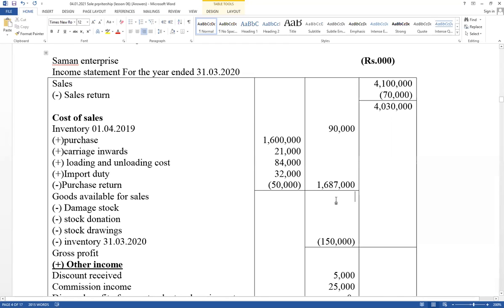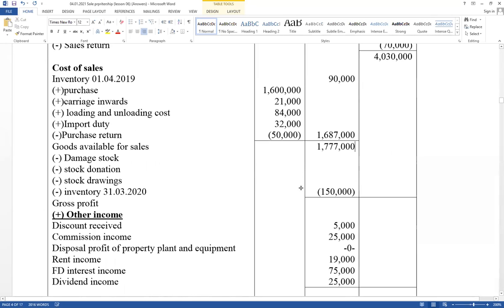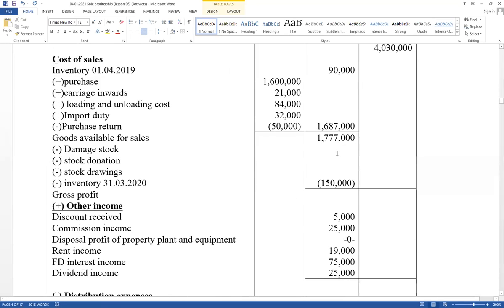That is goods available for sales. Therefore, this one plus this one, take answer. It is equal 1,777,000. It is called goods available for sales. This is the value of the goods we have available to sell. Then, if it has given damage stock, stock donation, stock drawing, should be deducted here.